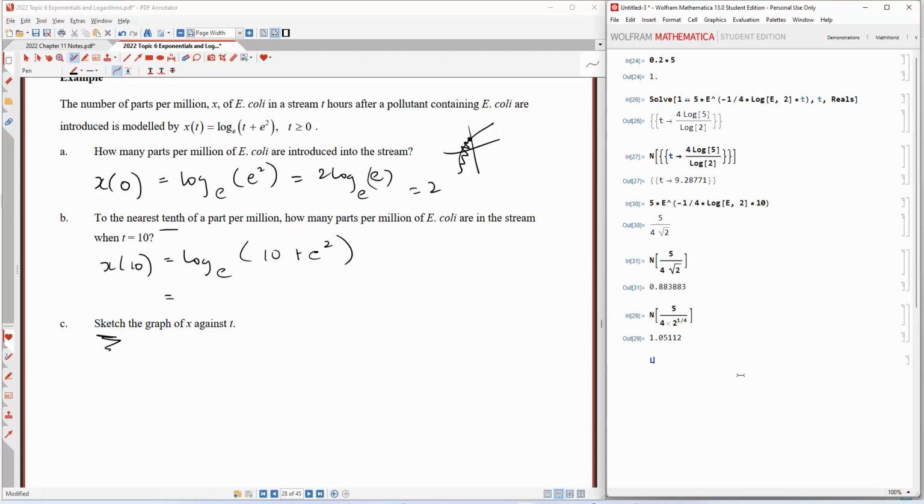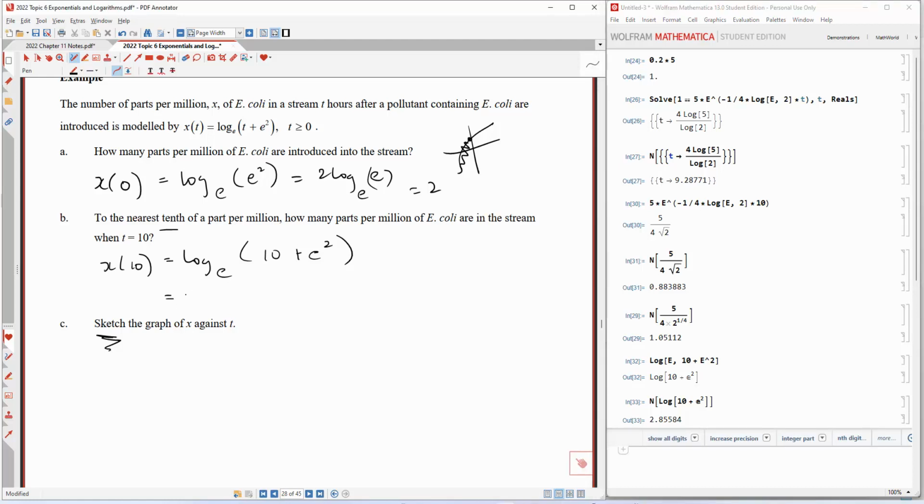So I'm going to go log e of 10 plus e squared, please. Gives numerical of that. So that's 2.855... Therefore 2.9 parts per million.